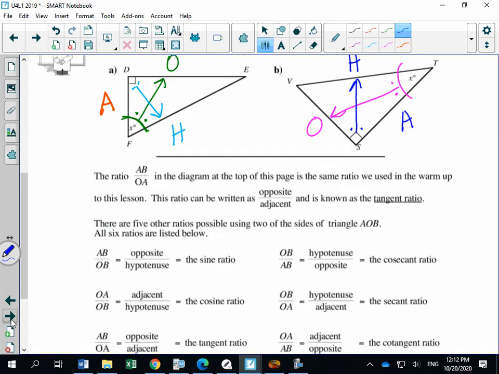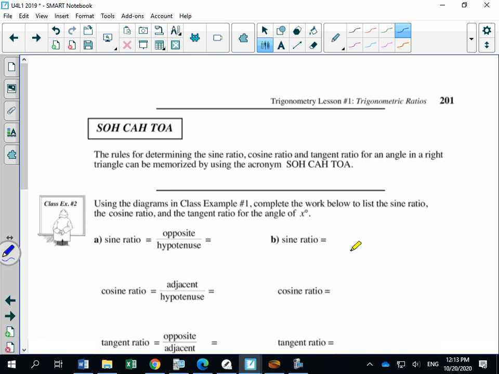Okay, let's flip now to class example number 2. I want you guys to star this. This is probably one of the most famous acronyms in Trig, and you're going to say it to yourself almost every single question you do. How you would say this is SOHCAHTOA.